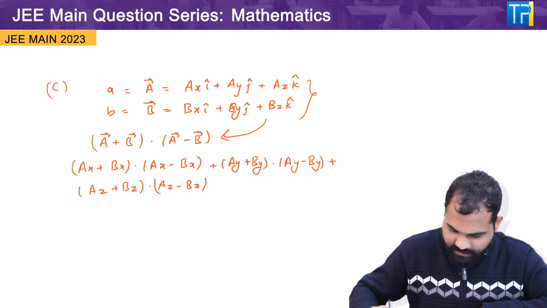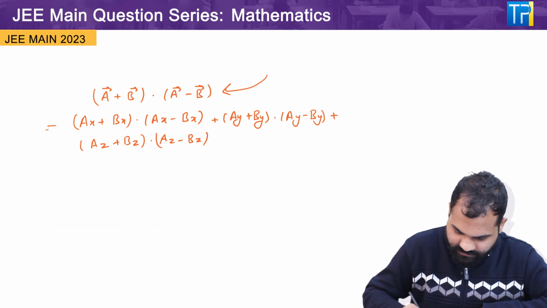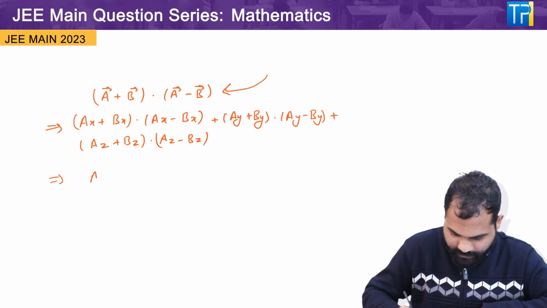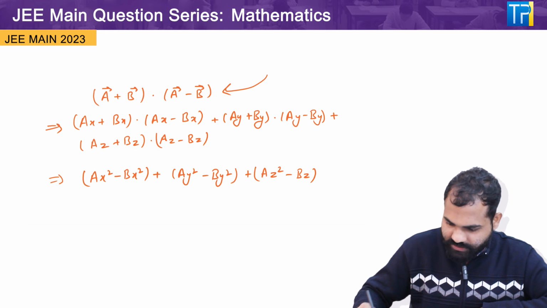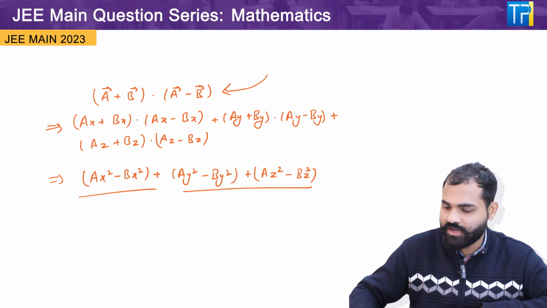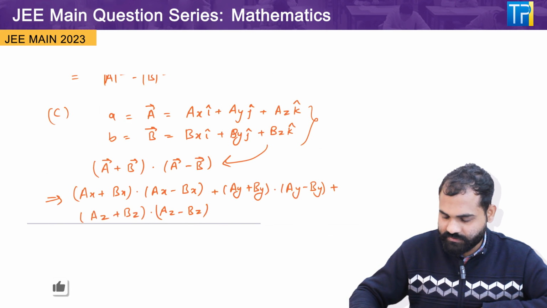Okay, this is it. And if we solve this, then we have ax square minus bx square plus ay square minus by square plus az square minus bz square.